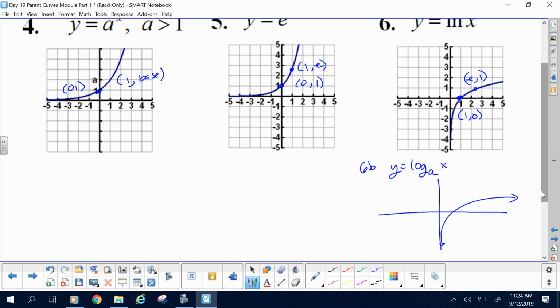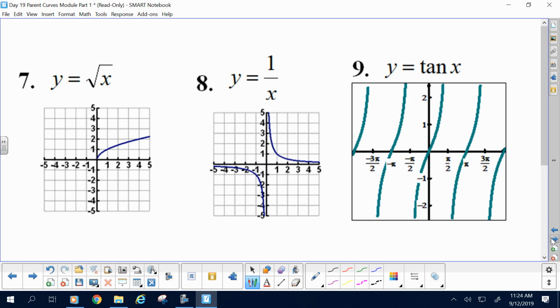Okay, what are the critical points? 1, 0, and a, 1. Going back to your regular old sheet, what's the essential point of the square root graph? 0, 0 for the starting point. 1 over x has asymptotes.